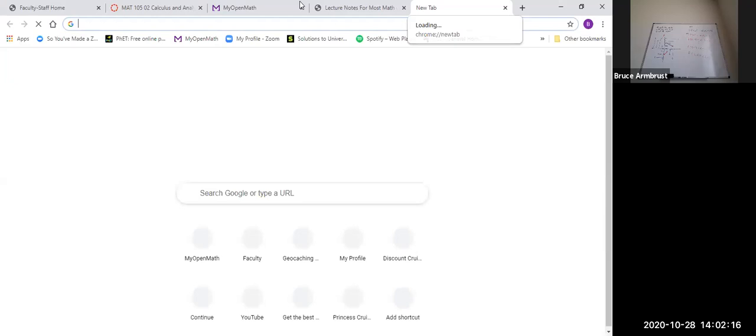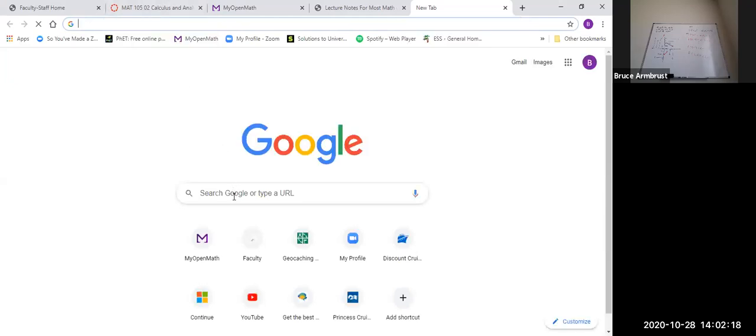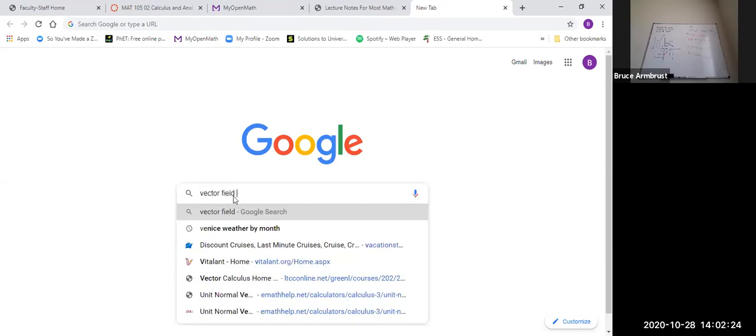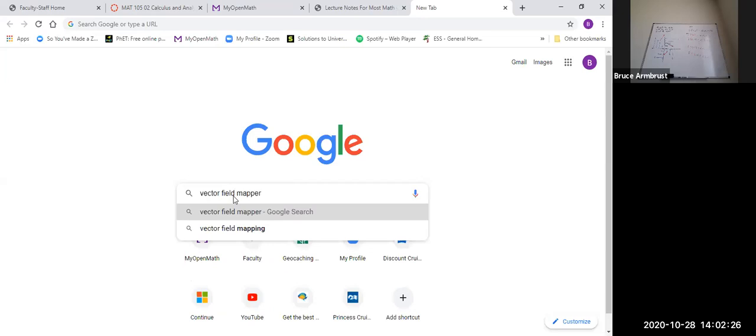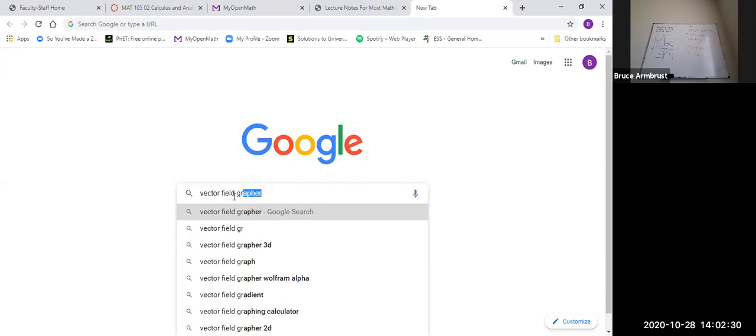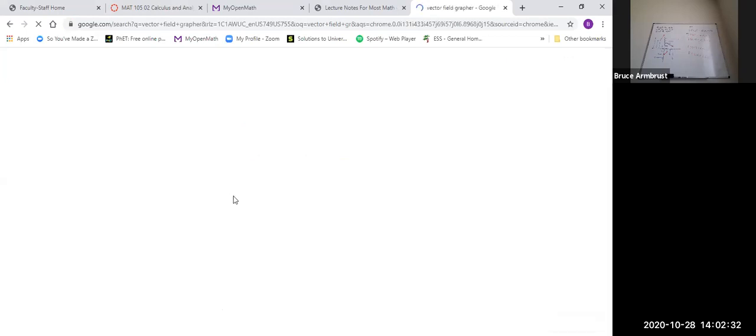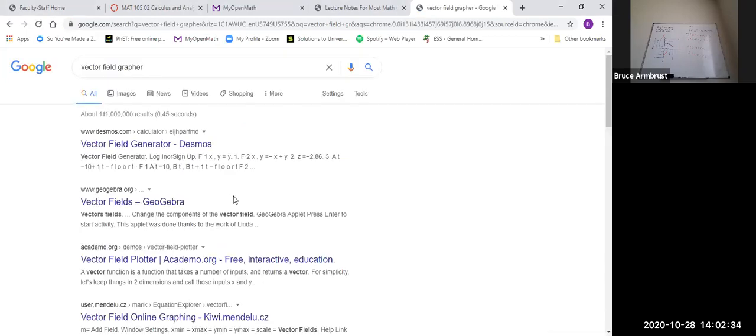So I see a screen. So easiest way is just go to Google and just do something like a vector field mapper, or how about grapher? And you'll get all kinds of different choices and all that.